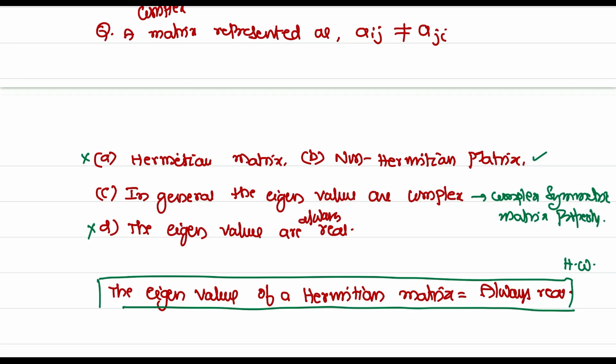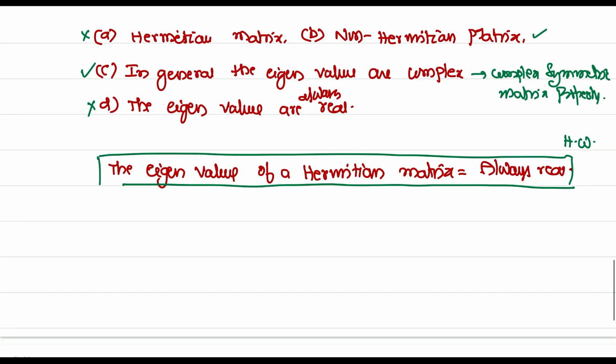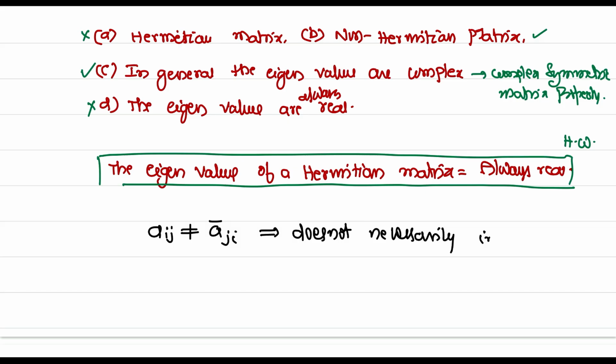That means this is possible because we can't rule out that Aij is not equal to conjugate of Aji does not necessarily indicate that Aij is not equal to Aji.